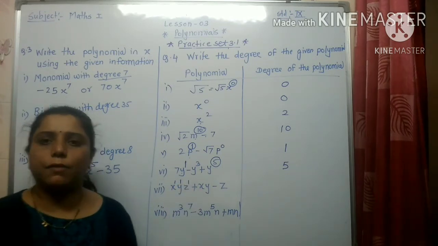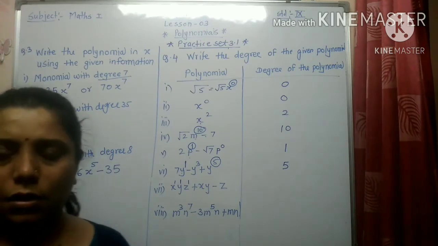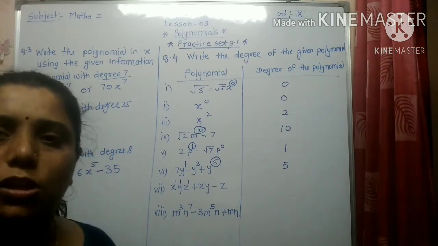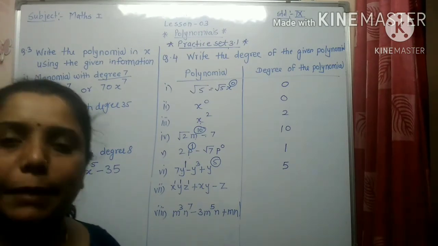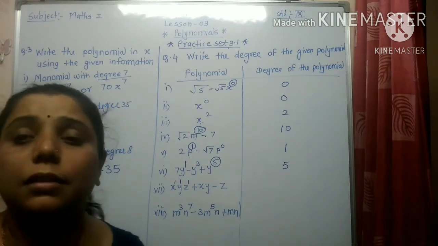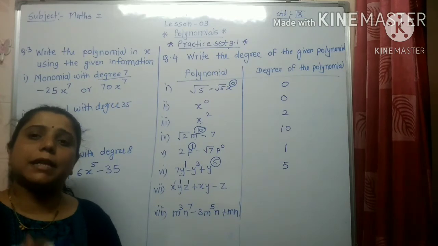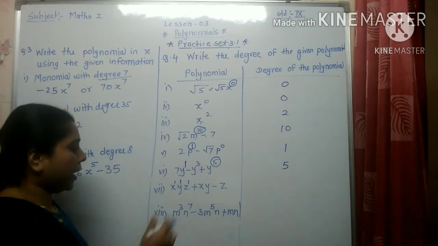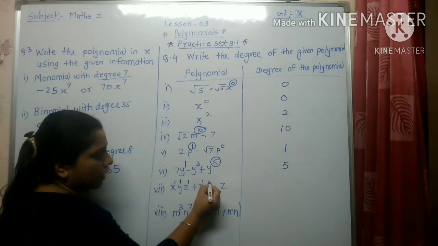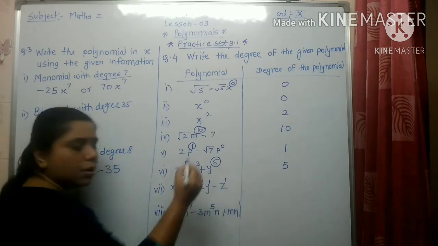When the degree is 1, we don't write the 1. Now this is for explanation purposes that I am writing, but many times we don't write that 1. If it is x, you should assume it as x raised to 1 only. Here 1, 1. Here z raised to 1.